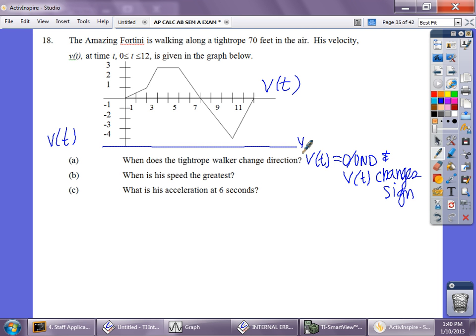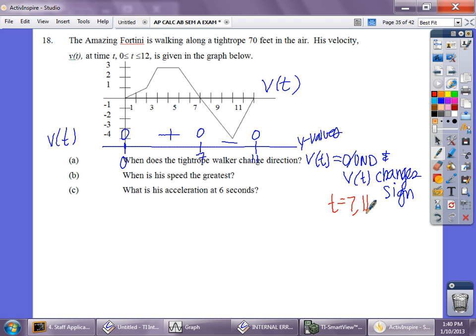And because this is velocity, I'm going to use the y values. So here, y value is 0. Here, the y value is 0. And then here, at 0, the y value is 0. My y values are positive, and then my y values are negative. So we change direction at time equal to 7 and 11.